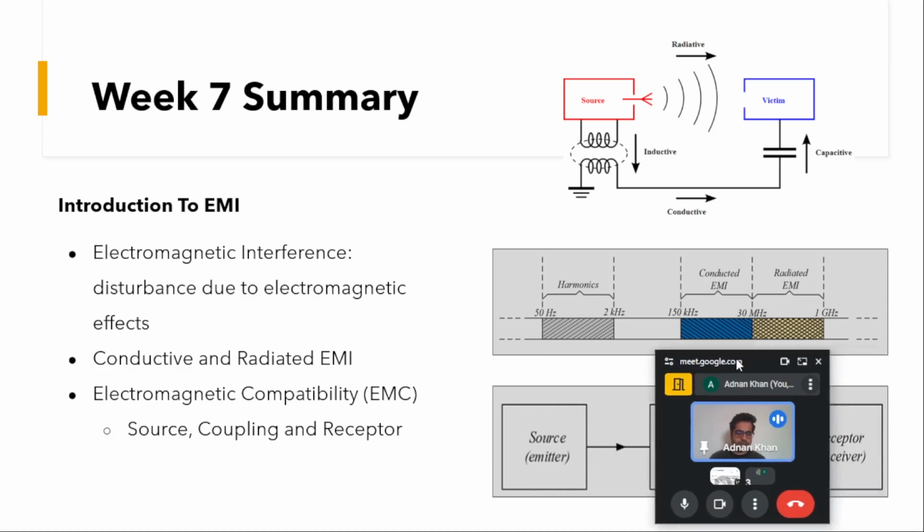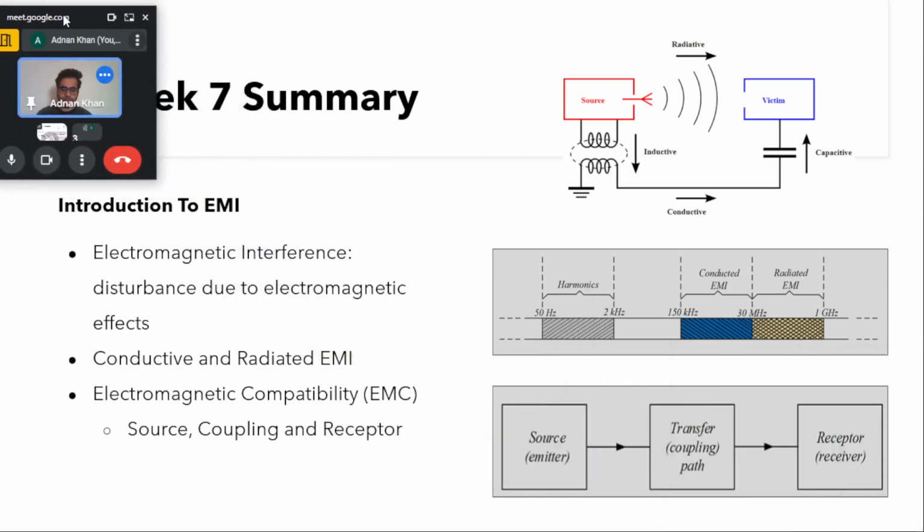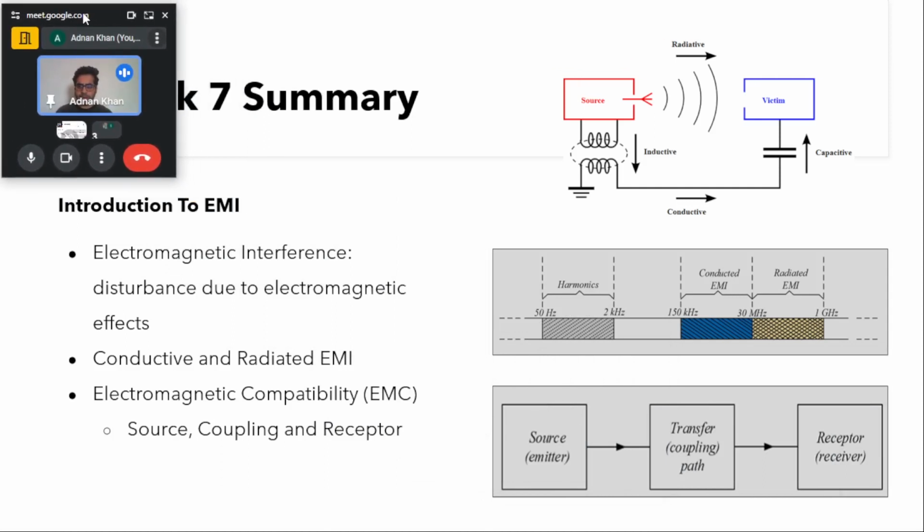So yeah, coming to the introduction of the EMI. Firstly, we'll look into what this electromagnetic interference is, and how it is generated. Usually this electromagnetic interference is a disturbance due to electromagnetic effects, like inductive or capacitive effects. We'll see what the causes of these effects are.